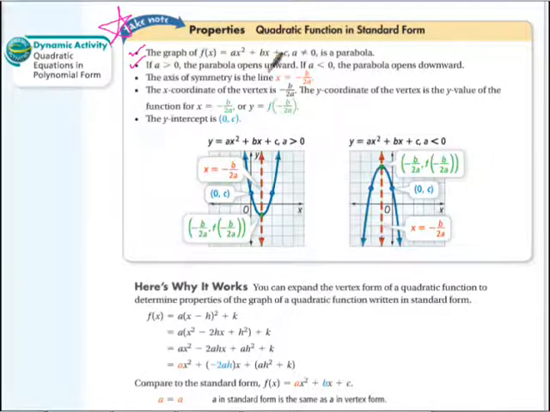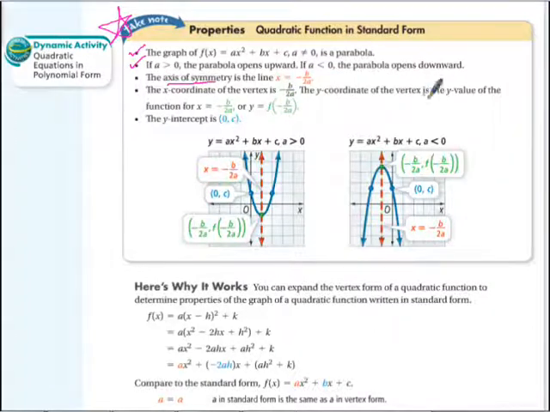The axis of symmetry is the line at x equals -b over 2a. So the opposite of b, over 2 times a, is the axis of symmetry. The x-coordinate of the vertex is also -b over 2a.